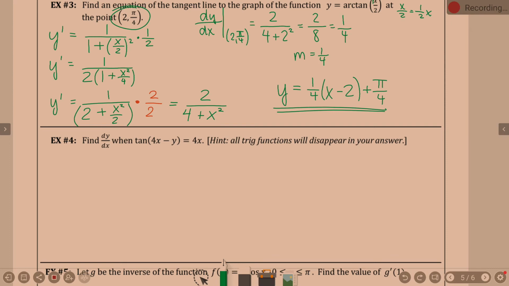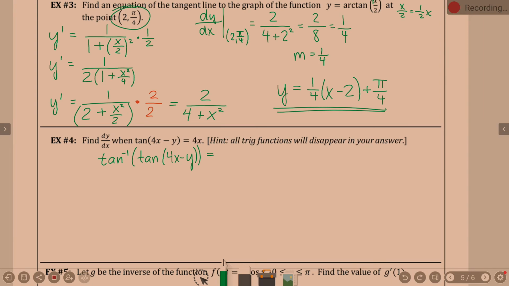Now, if we apply a tangent inverse to the left, we have to apply a tangent inverse to the right. So what we're going to do here is on the left, we're going to take the tangent inverse of tangent of 4x minus y.